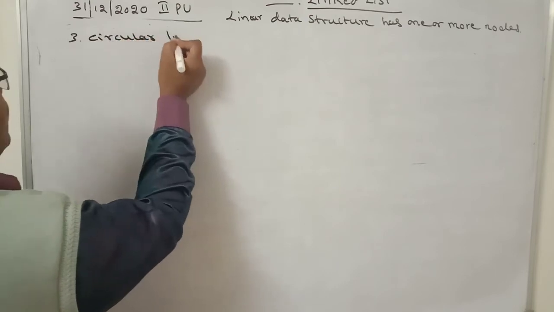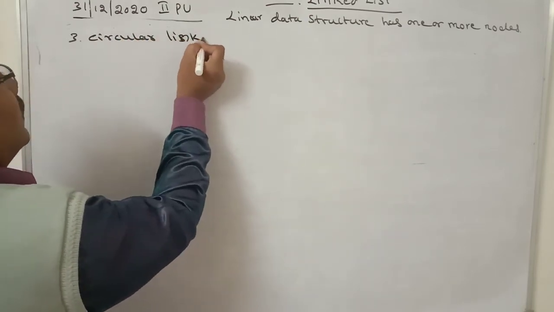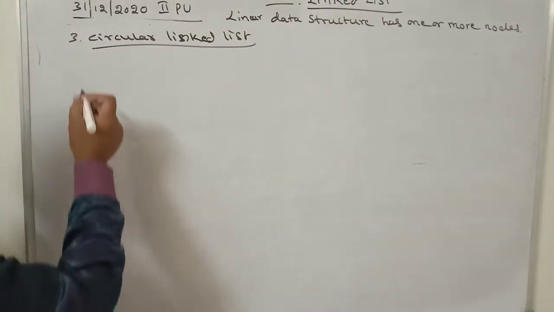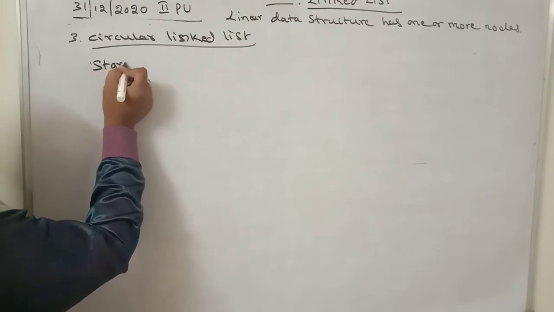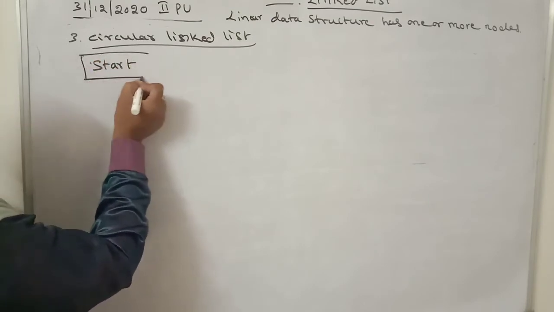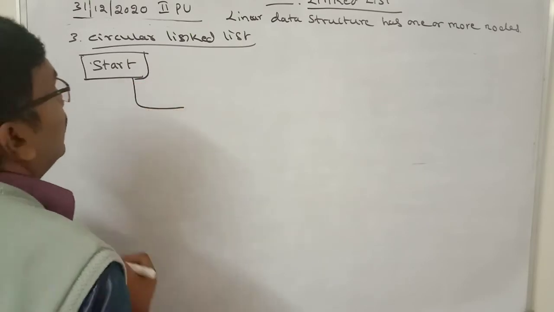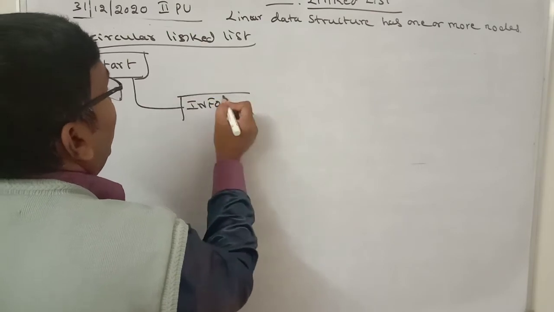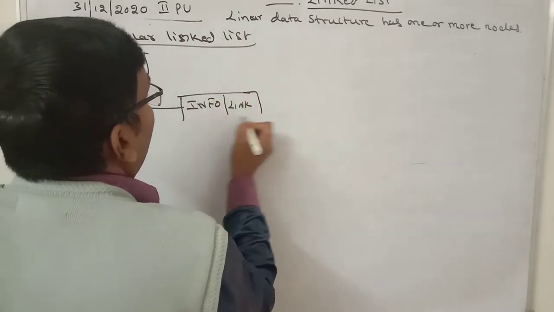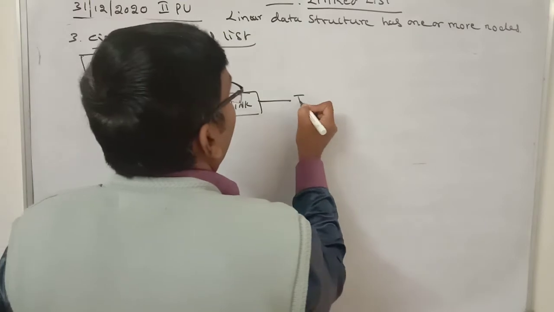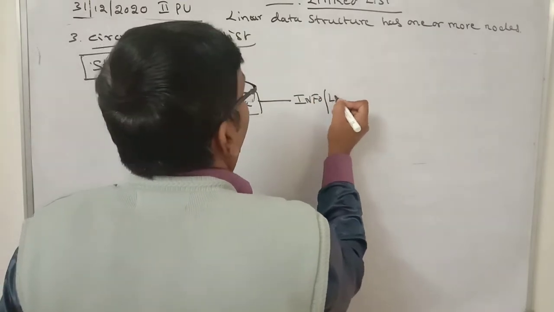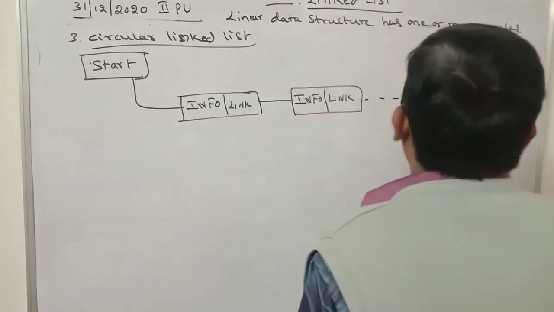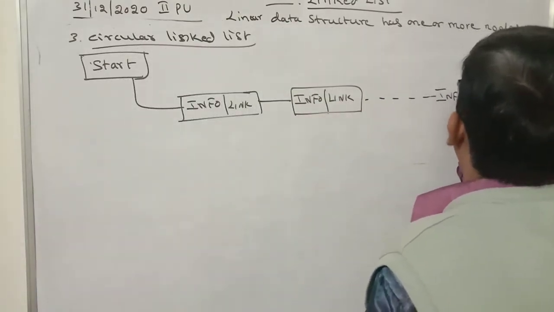For this also you have a starting node, start, similar to a singly linked list. Here you have one information part and a link part, and you have an info part and a link part, similarly an info part and a link part.